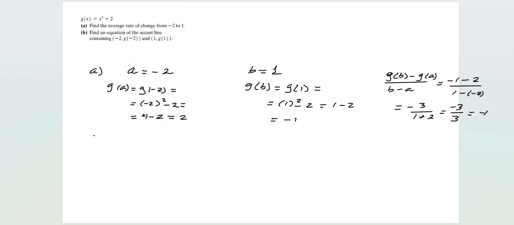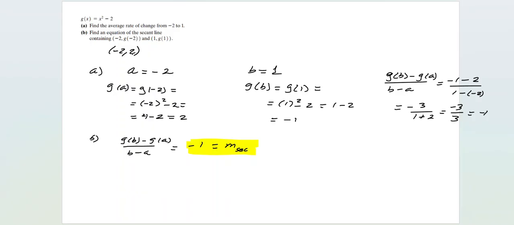Now later they ask you to find the equation of the secant line. So the average rate of change, g of b minus g of a over b minus a, that we said is equal to minus 1, is equal to the slope of the secant line, right? So now we know that the slope of the secant line is just minus 1. Now we also know that the point minus 2 comma g of minus 2 is the point minus 2 comma 2.